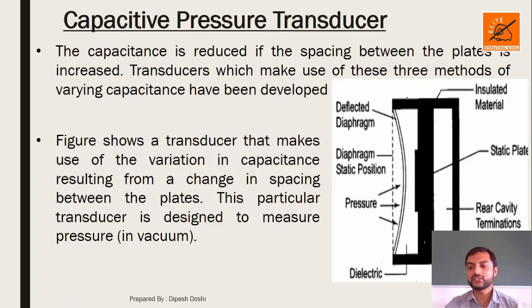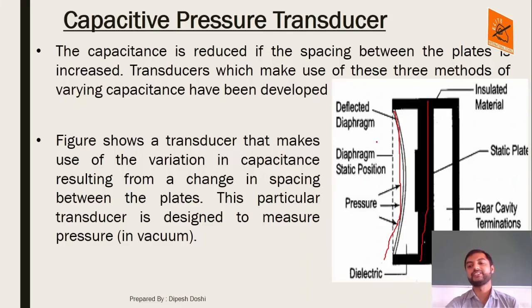Here it is the construction. These are the plates. This one is one plate, this is the second plate of the capacitor. But as one plate we are going to use the metallic diaphragm. Now this whole assembly is insulated in the box, and here it is the cavity, or you can say vacuum part.